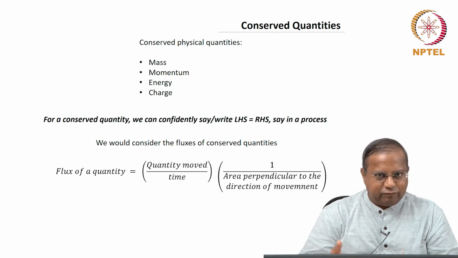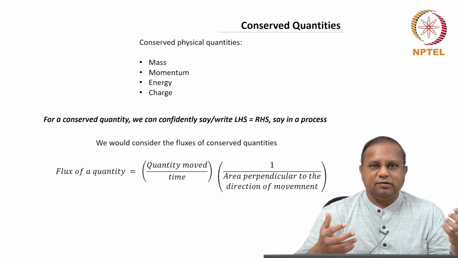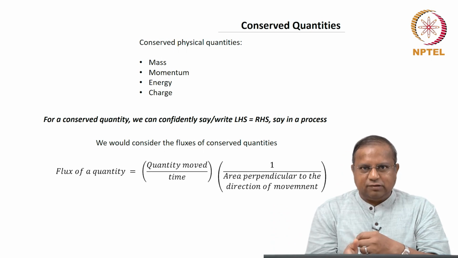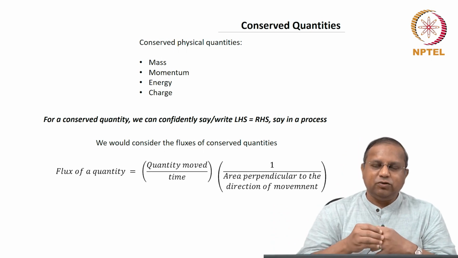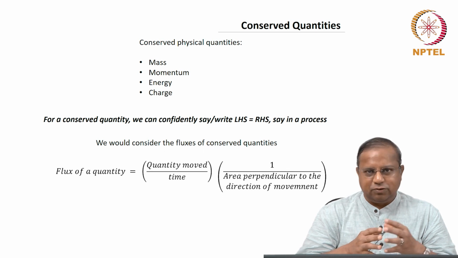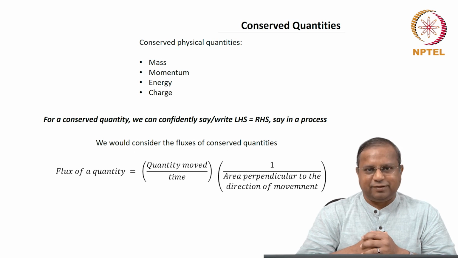It could be momentum flux, it could be energy flux, it could be charge flux. Charge flux is the amount of charge transferred per unit time across a unit area, in the direction perpendicular to the direction of transfer. This is where we finished up the last time.